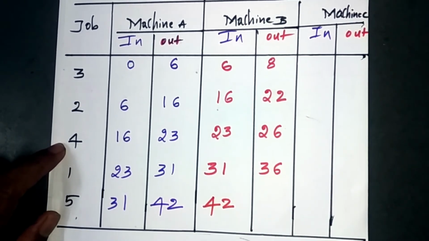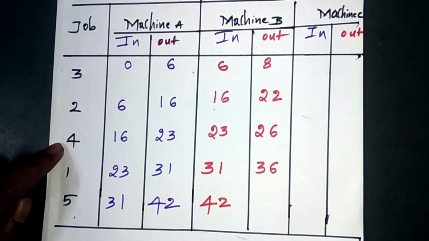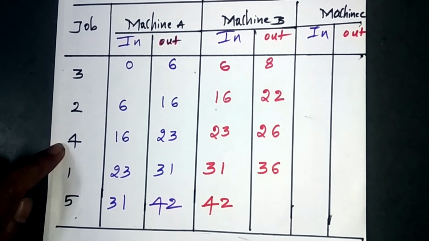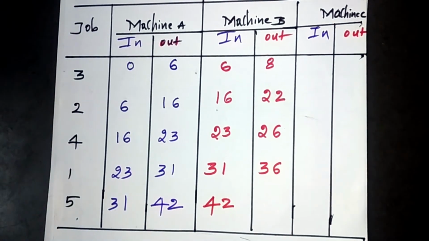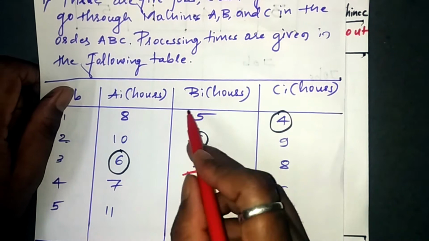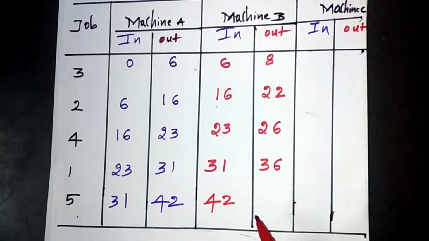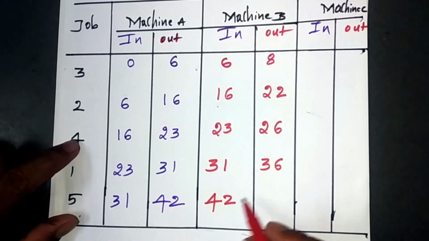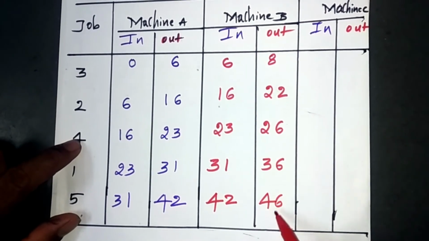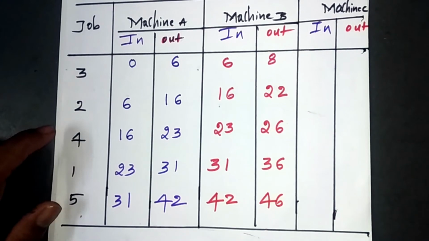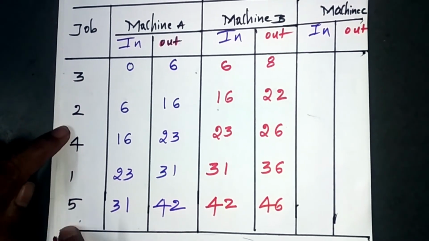So job number 5 is going to enter machine B at 42 hours as the in time. Now we will see what timing is required for job number 5 on machine B. Job number 5 on machine B requires 4 hours. So I should add these 4 hours to the in time. When I add 4 hours to this, I get 46 hours for machine B for job number 5.